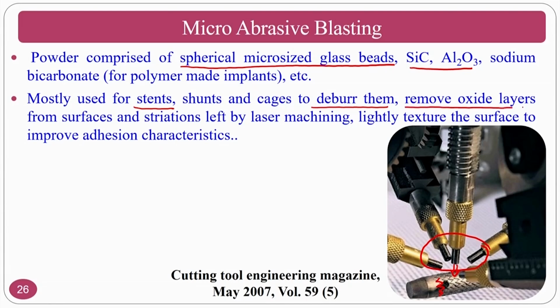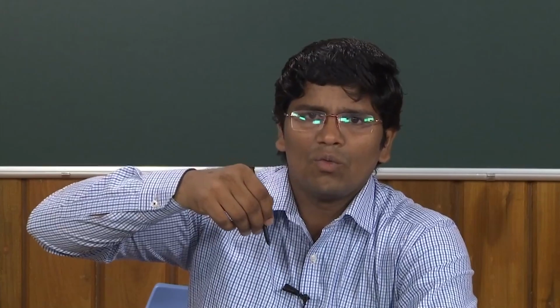Another use is to remove oxide layers from the surfaces and striations left by laser machining. That means if there are any striations, normally the laser beam passes pulse by pulse, so there will be some milling-type feed marks, like remelting zones, like milling marks.